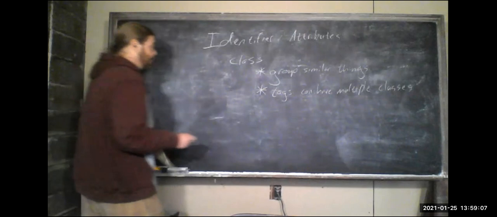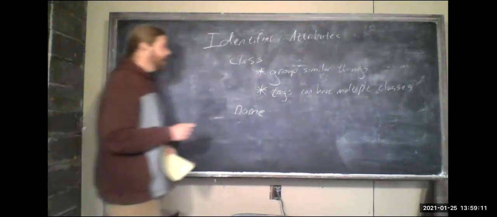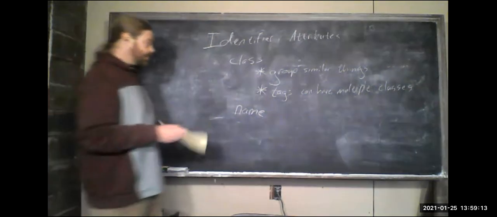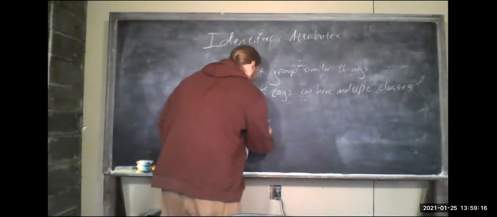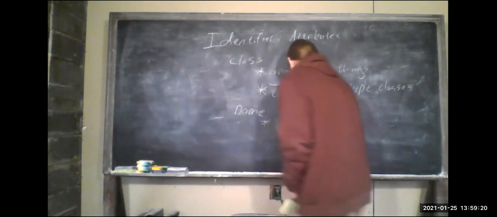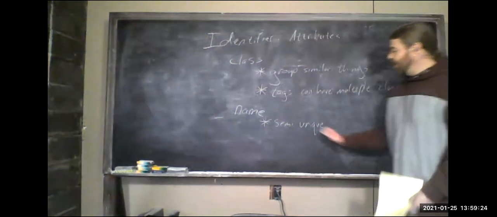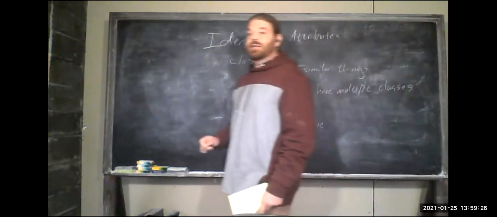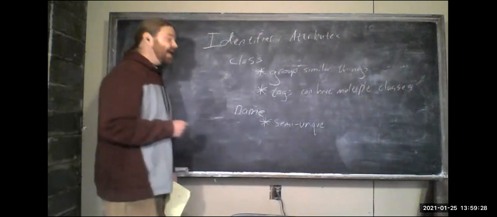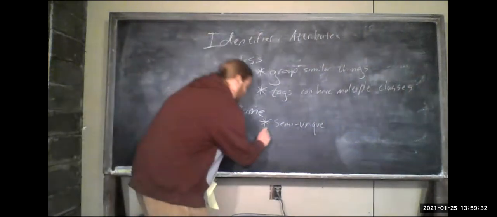The other two big ones we have, we can also give things a name. This is semi-unique. And by semi-unique, I mean different tags can have the same name, but each tag only gets one name.